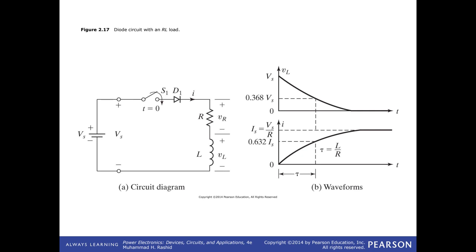The inductor is the one to make the current rise later. The capacitor wants the voltage constant because of the stored energy, so it is difficult to raise the voltage across the capacitor. Similarly, it is difficult to raise the current in your inductance. It takes time. Why does it take time? Since you are actually storing energy in your inductance.